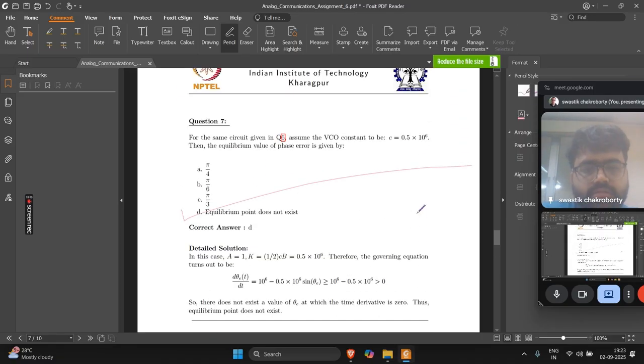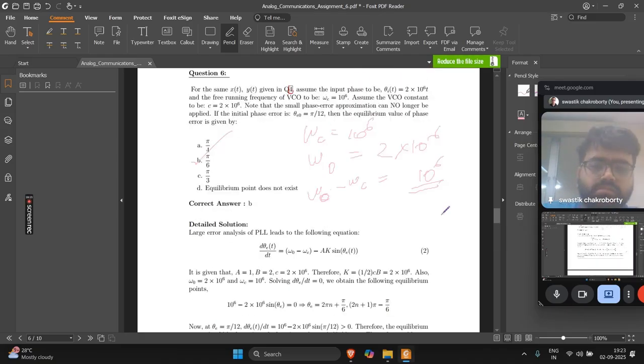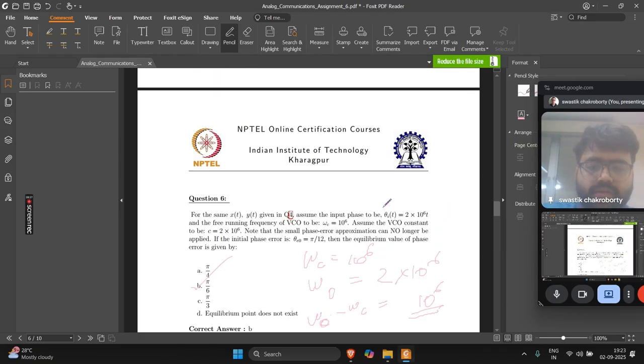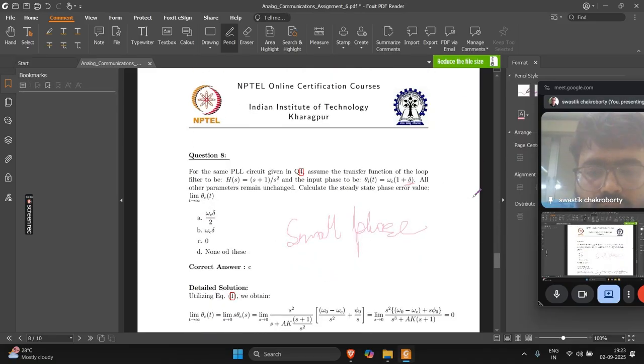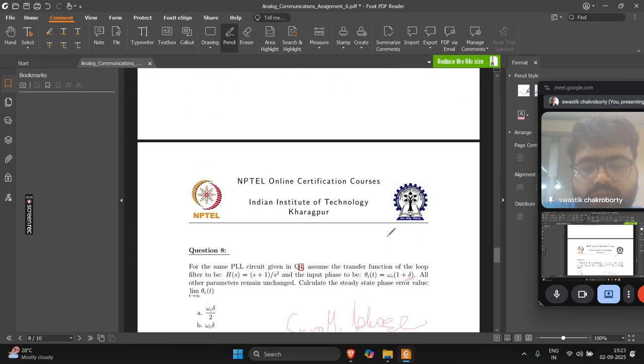This one was large phase. This one was again large phase. So we are back to small phase analysis.